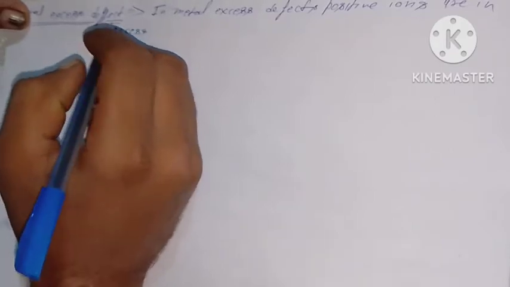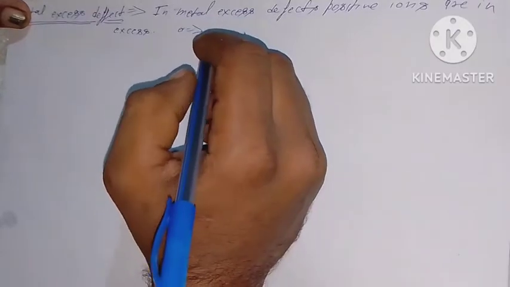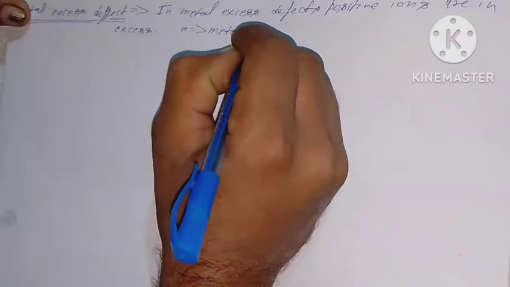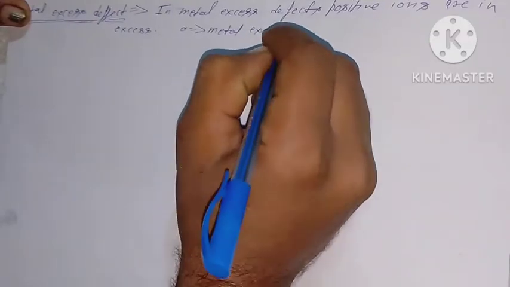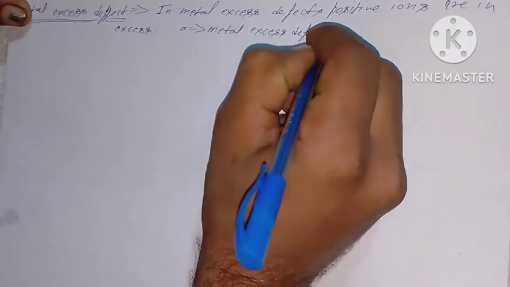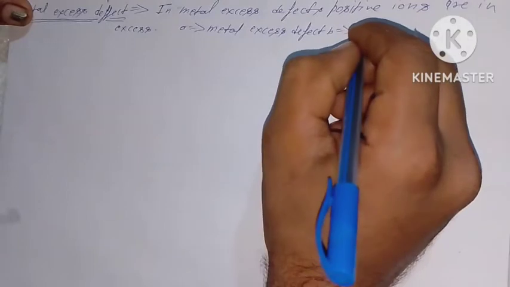These are two types: A is metal excess defect, and B, metal deficiency defect.